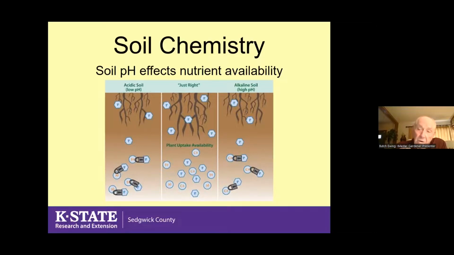Well, that's quite often due to a condition called iron chlorosis or the unavailability of iron in the tree.